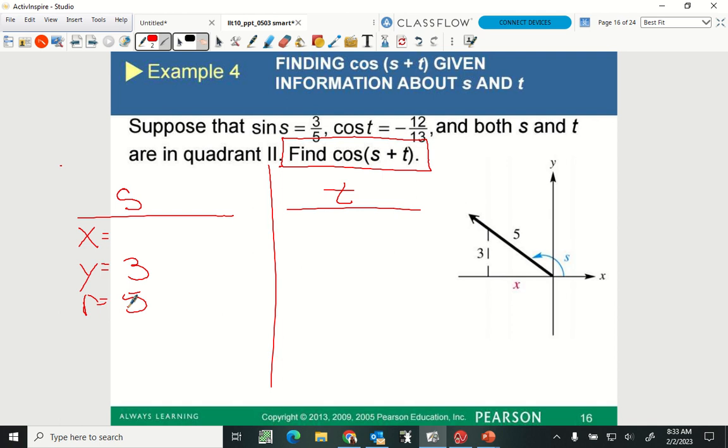Do your Pythagorean theorem real quick, hopefully. I don't know if you guys recall when I gave you the shortened formula on this, but x equals plus or minus the square root of 5 squared minus 3 squared.